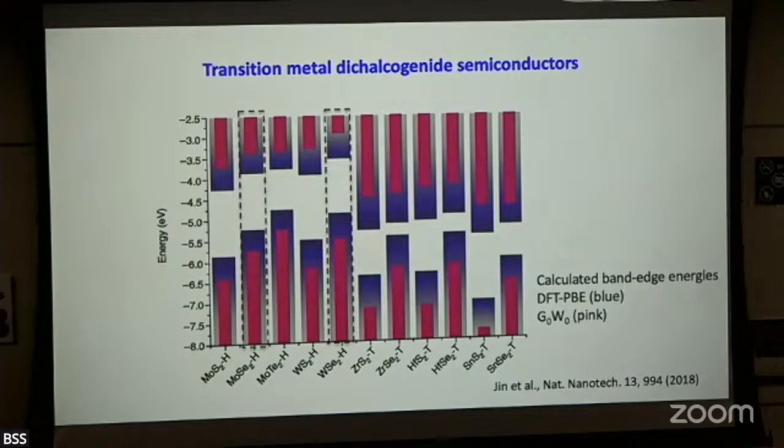No. We usually purposely misalign the two layers, so they are not correlated. So it's not too relevant to talk about whether the momentum matches. So they are spatially indirect.